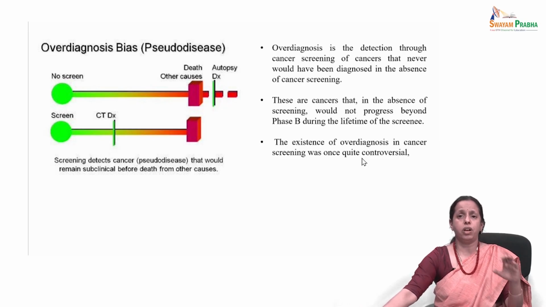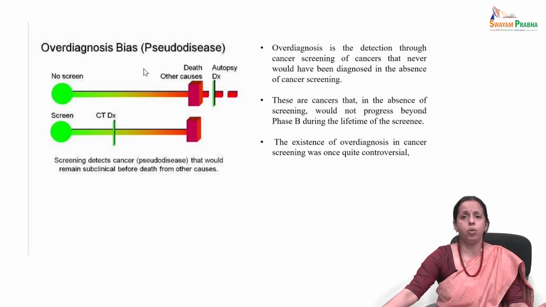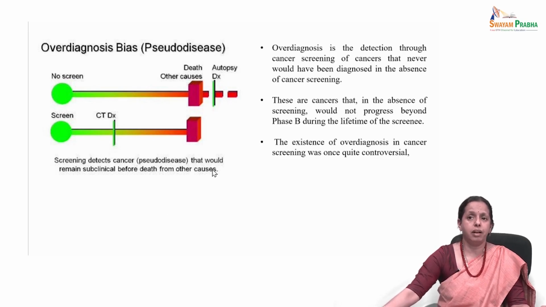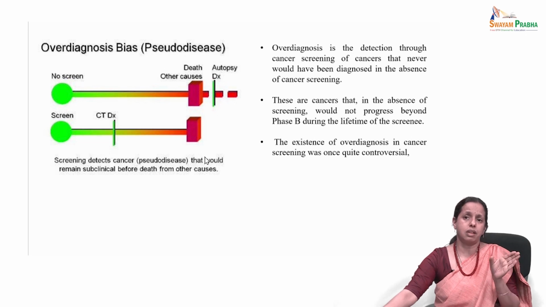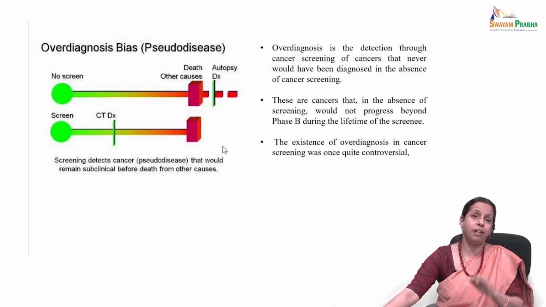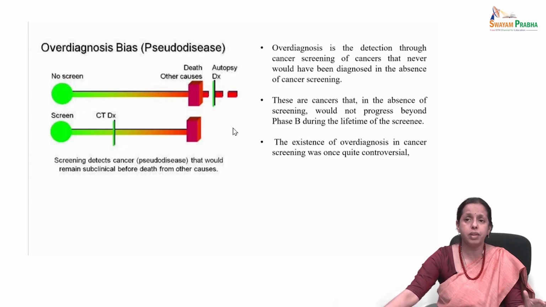So maybe it is because of this overdiagnosis. Overdiagnosis is basically an extreme form of length bias, in which a screening test detects, for example, a lung cancer that is really a pseudo disease, a cancer which people die with, but not from.